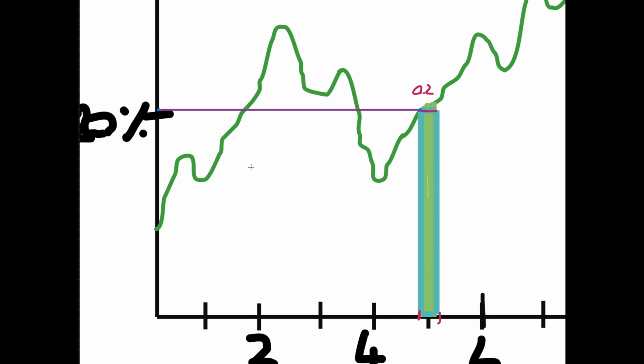It looks like about 20%, or 0.2. So the height of this, still on the line tool, looks like it's about 0.2. Now, what is the area of a rectangle with 0.2 and 0.2? That's going to be an area of 0.04.